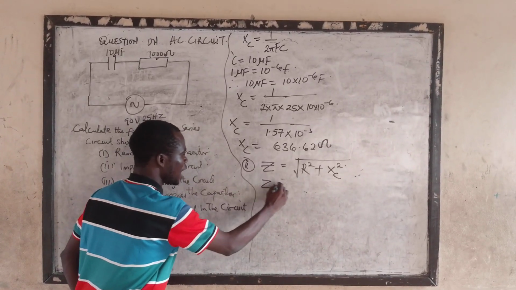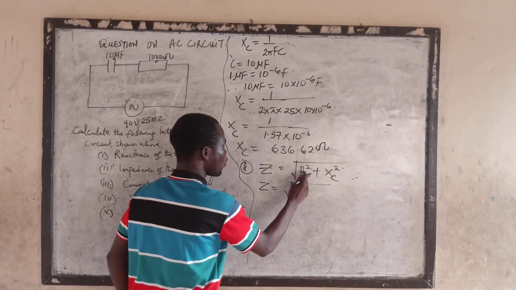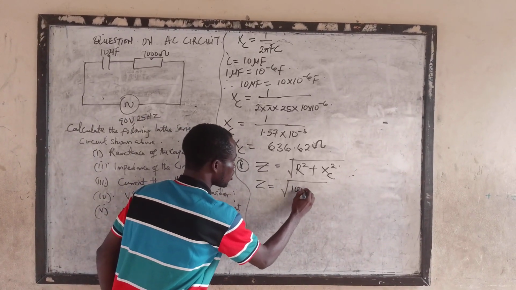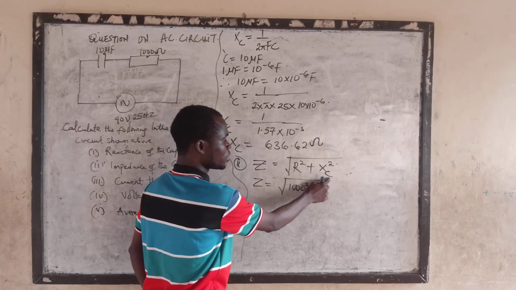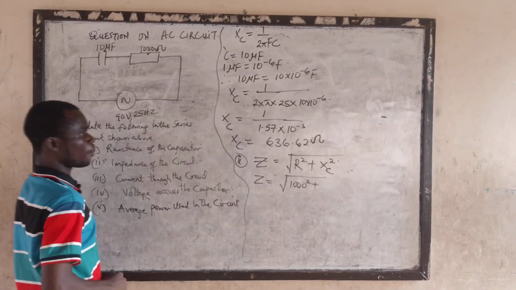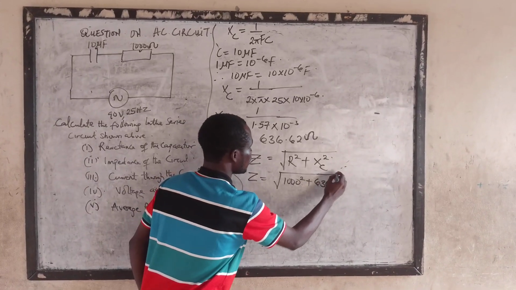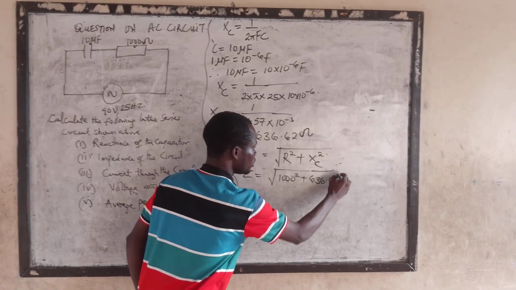So impedance equals the square root of, what is my R? My R is 1000. That is 1000 squared, plus X subscript C, the reactance of the capacitor, which is 636.62 squared.